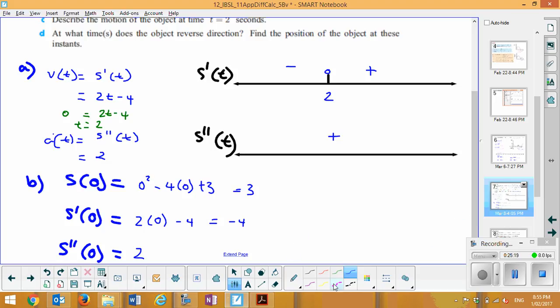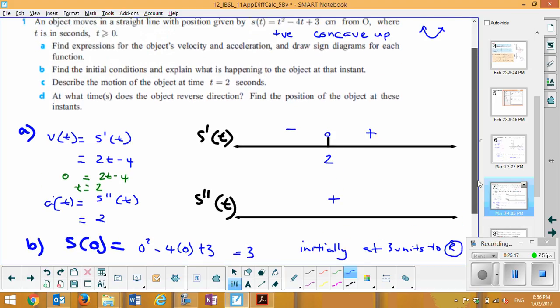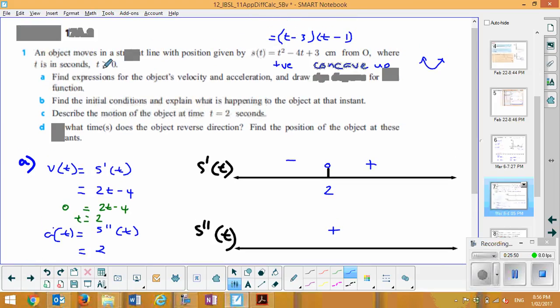All right, so what does that tell us? If s of 0, at time 0, the displacement is 3, that means it's initially at 3 units to the right. Now if we go back to here, we see we've actually got a story. We've got seconds and we have centimeters.